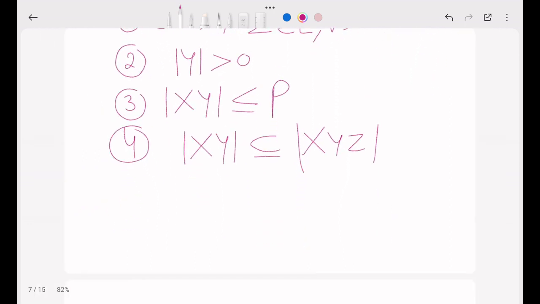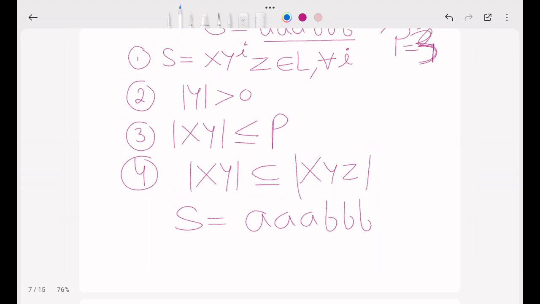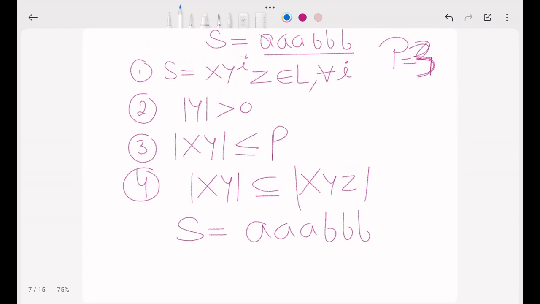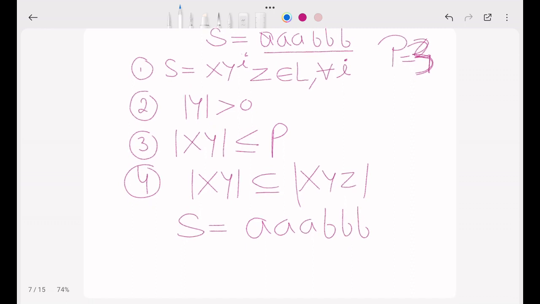Now my string s is equal to a a b b b. You can take x as epsilon also, no problem. Now y must be greater than 0 and xy must be less than or equal to p. Suppose I am taking this as my x, this as my y and this as my z.